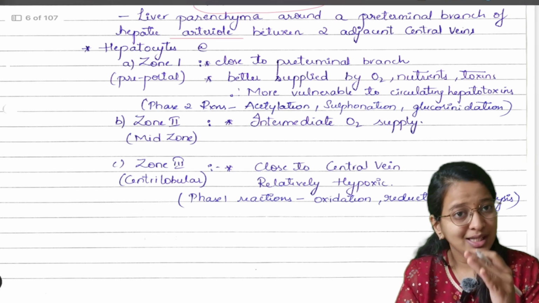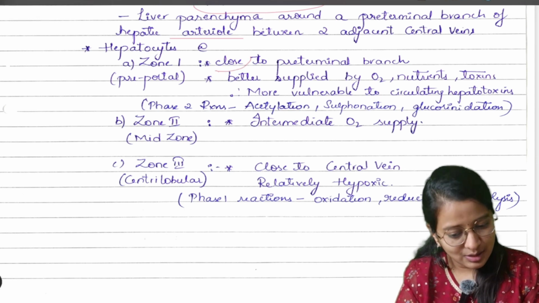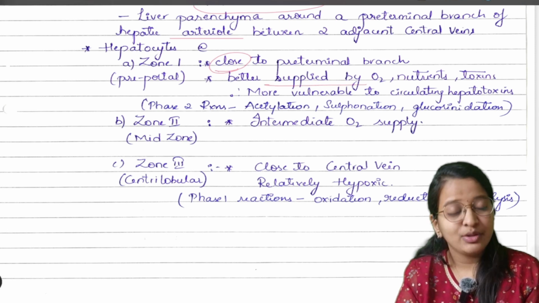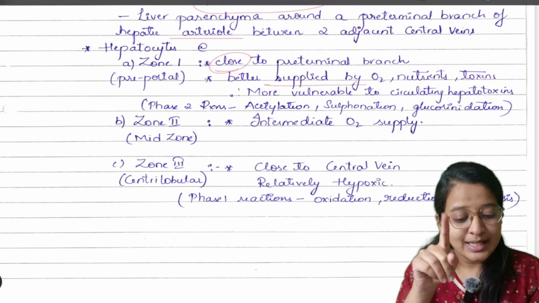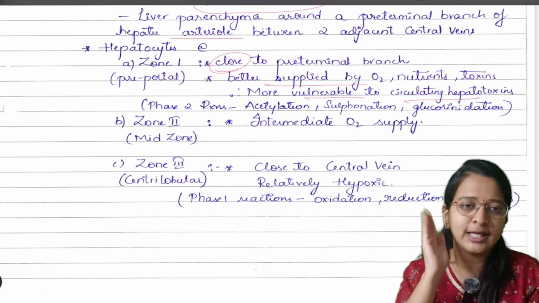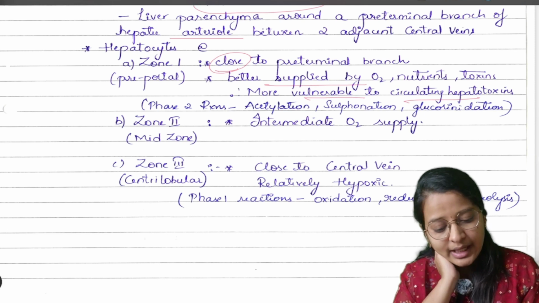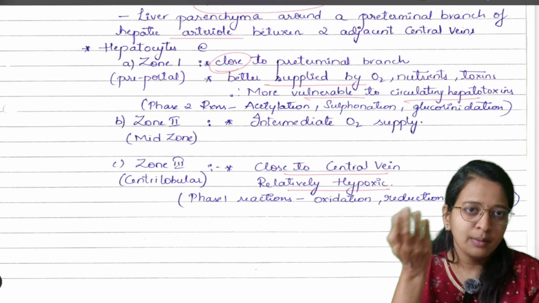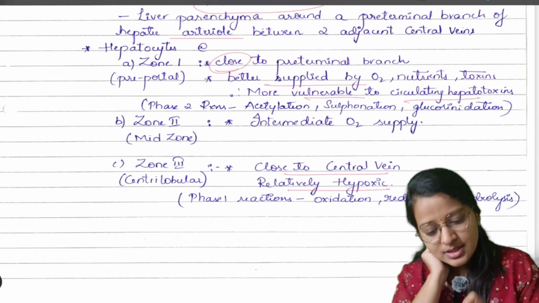Coming to each zone, zone 1 is closer to the oxygenated supply, so it is better supplied with oxygen, but it is more vulnerable to the hepatotoxins circulating in the blood. And zone 3 is close to the central vein, more prone to hypoxia.